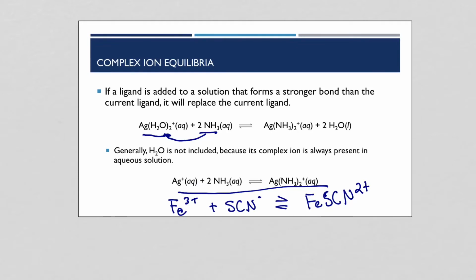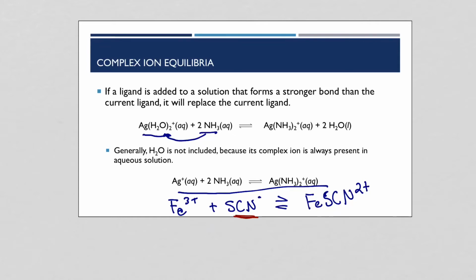complex ion. Now, I want to point something out here: notice that SCN is an ion, right? A -1 ion. And so when it forms a complex with the iron, notice the charge on the complex ion has changed, right? It has gone from the +3 charge on the plain metal to only a +2 charge on the complex ion because of the negative charge on the ligand.